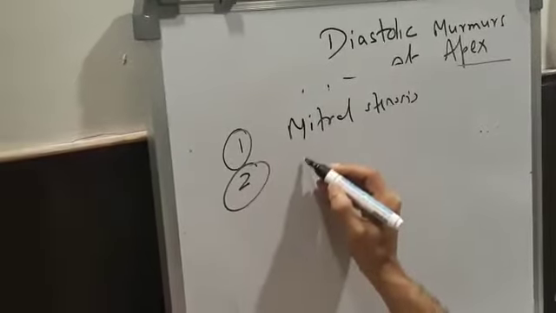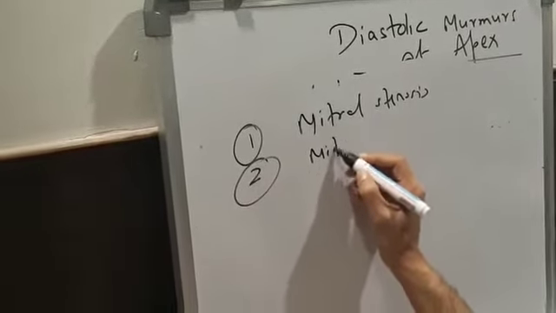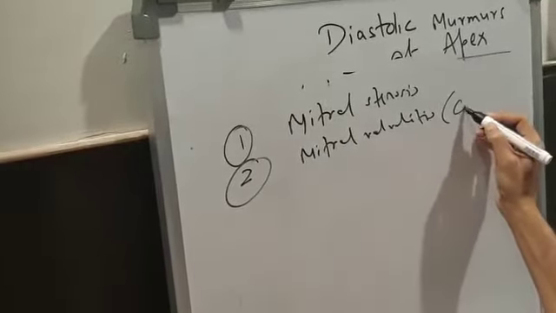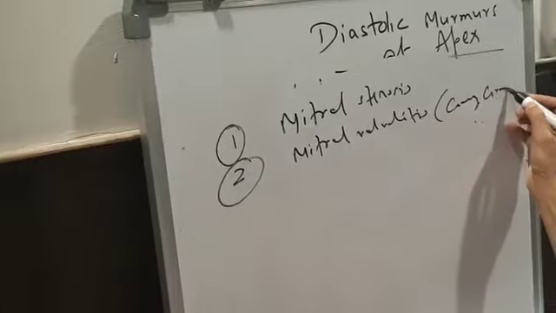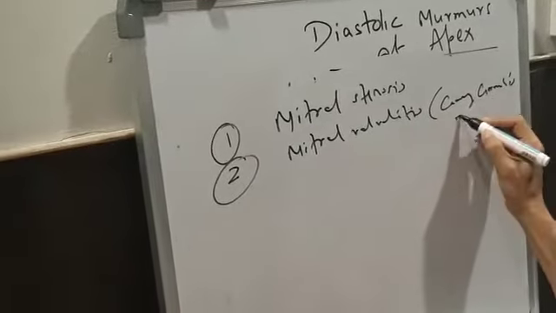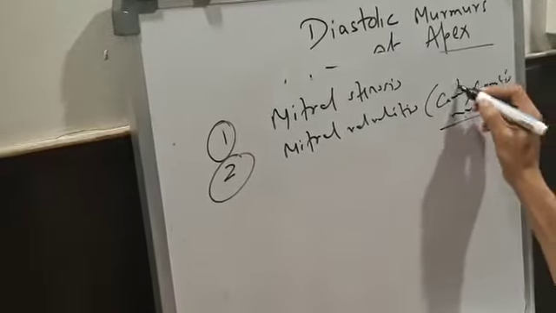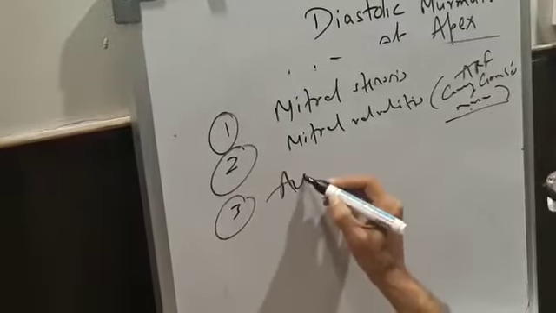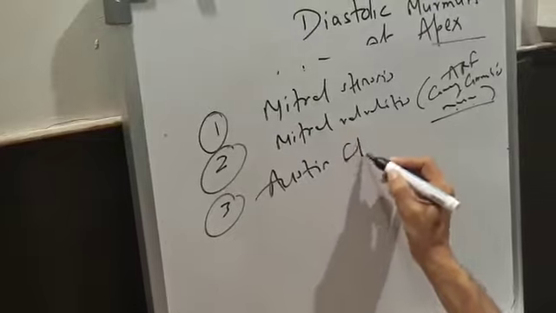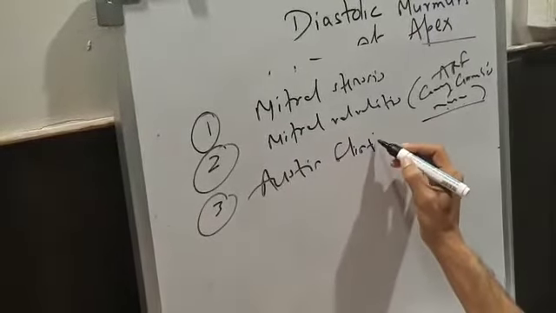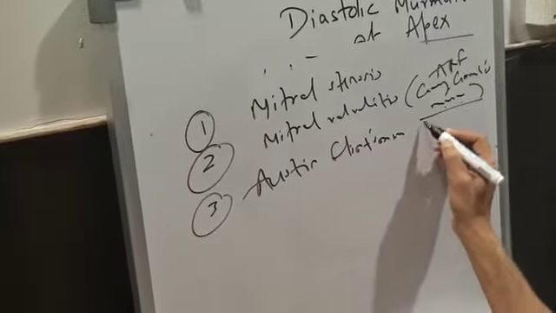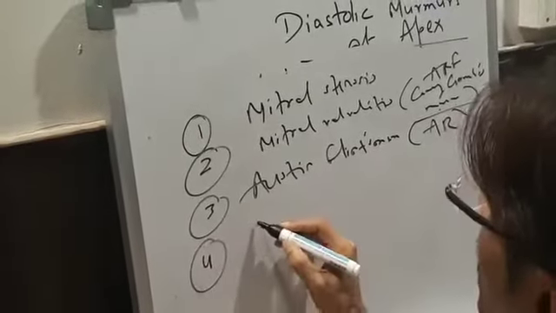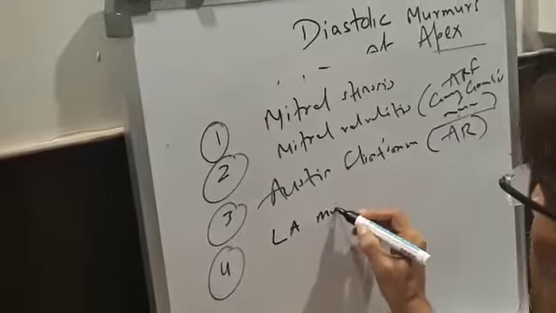Second, mitral valvulitis, that is the Carey-Coombs murmur, the Carey-Coombs murmur of acute rheumatic fever. Third, Austin-Flint murmur of aortic regurgitation. Fourth can be a left atrial myxoma.